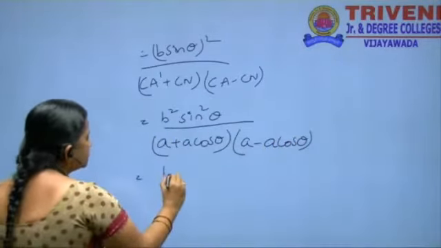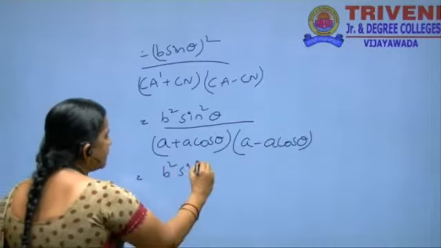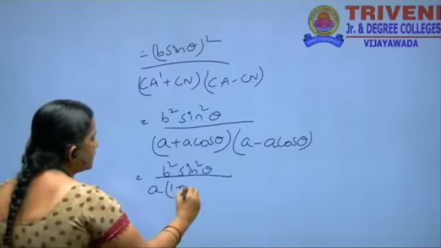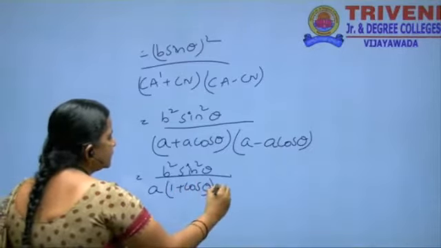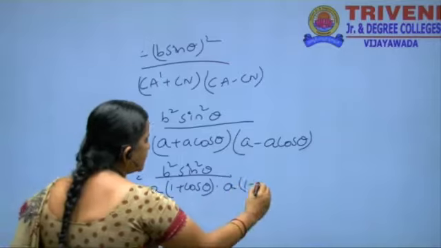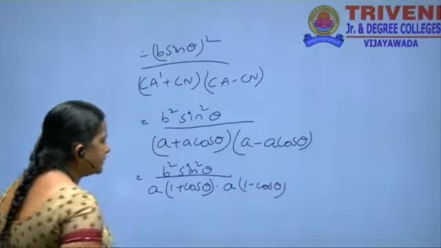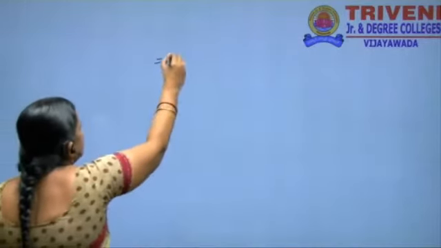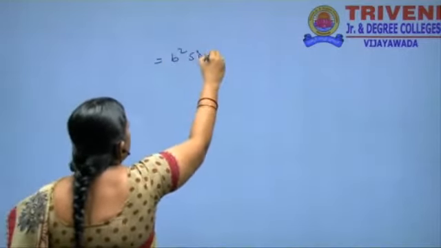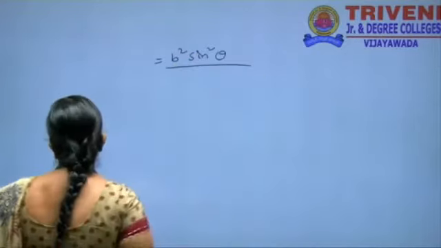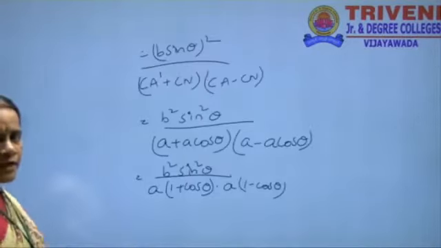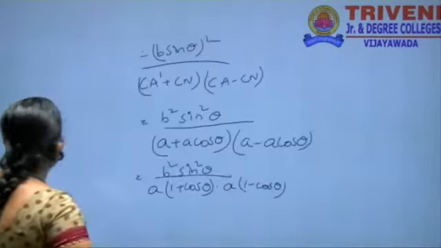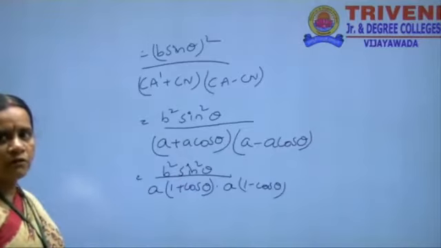That is equal to b squared sin squared theta by a into (1 plus cos theta) into a into (1 minus cos theta), which is a squared into (1 minus cos theta)(1 plus cos theta).